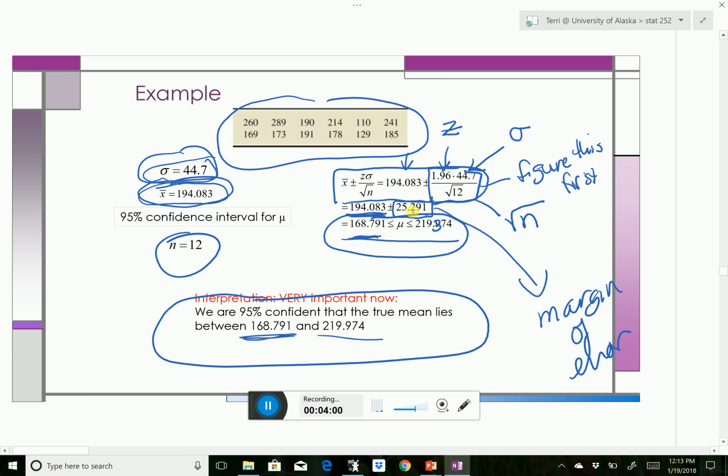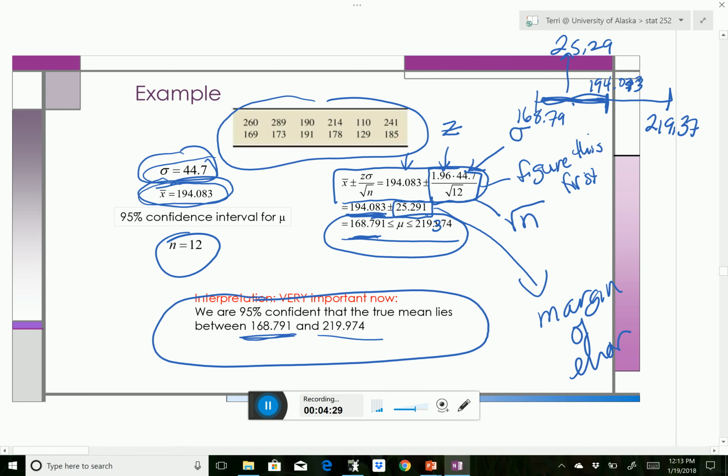This thing that got added and subtracted is my margin of error. If I charted this out, this would look like 168.79, 219.37. In the middle is 194.083. Each one of these distances right here is 25.29. We'll just call it that.